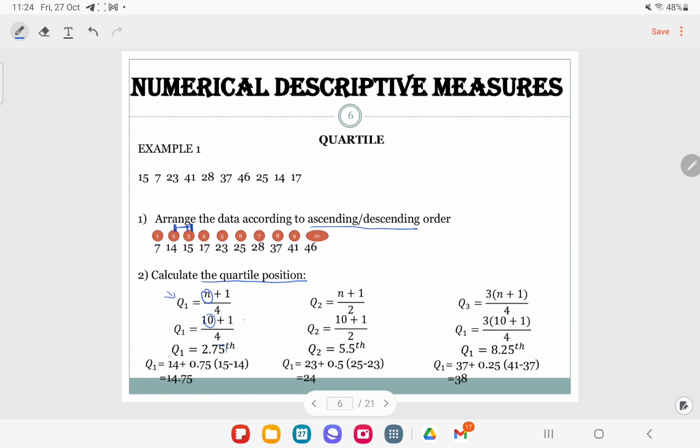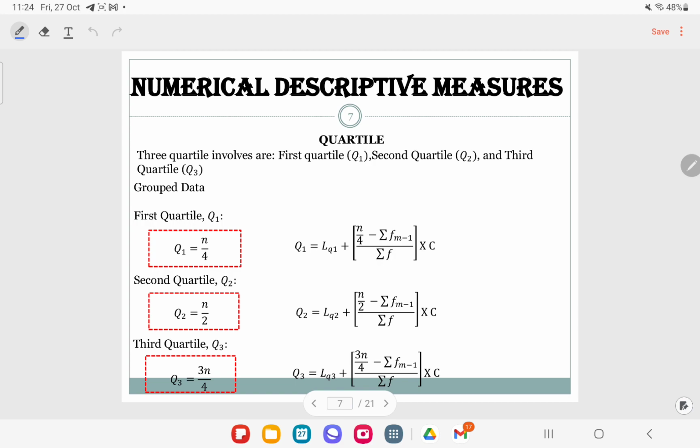To obtain the value, 14 plus 0.75 times (15 minus 14), we get 14.75. The steps continue the same for the second quartile and the third quartile.